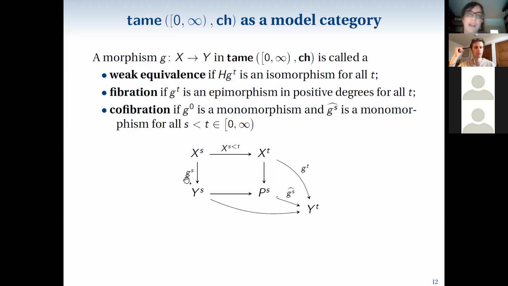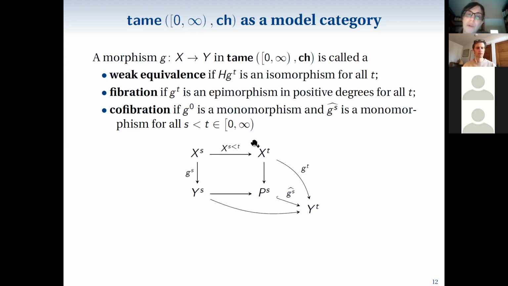So let me explain a little better. I'm taking any two elements in the poset. I'm taking the push out of the transition morphism between the two of them and the map that I want to check is a cofibration. This push out exists because those are all chain complexes, so we are sure it exists.